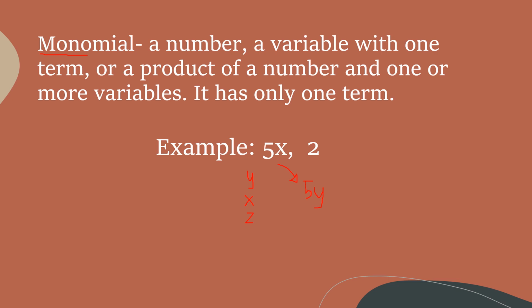So sabi sa definition, product daw siya ng number which is 5 and ng variable which is y. So it is not always 5y. Minsan daw, mas marami daw na variables. So like for example, we have 6x, y. So still, this is a monomial because there is only one term.